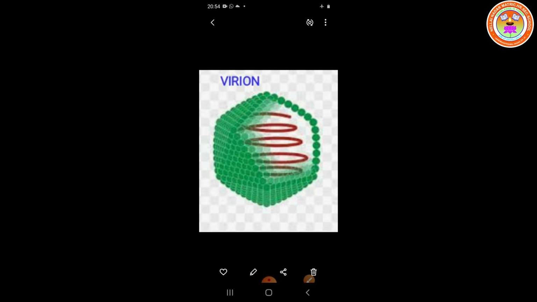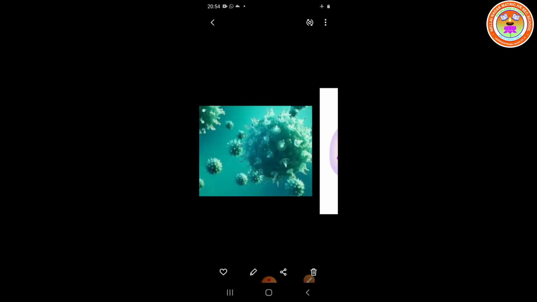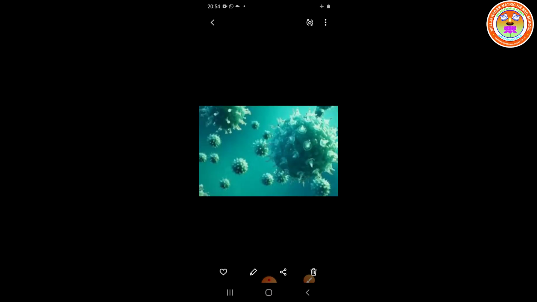They grow and multiply only in a living cell. They are the smallest among the infectious agents, and the size of viruses varies over a wide range, from 18 to 400 nanometer. Clear children?